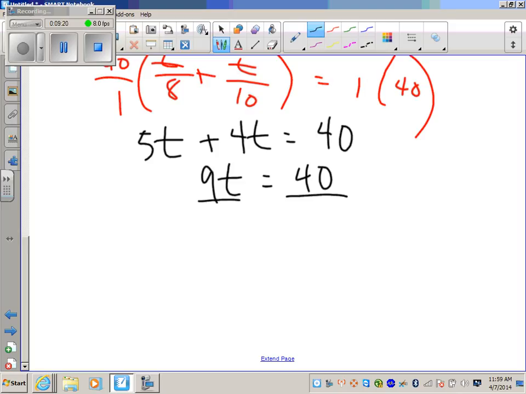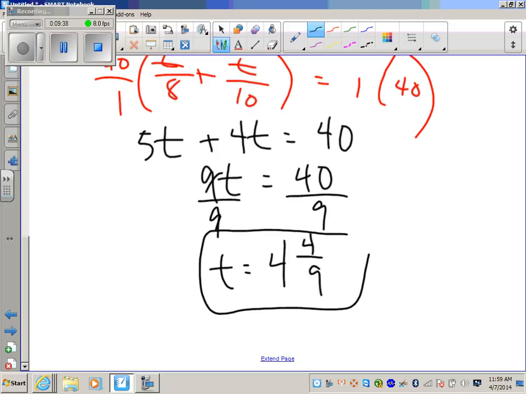Divide both sides by 9, and T equals 40 over 9, and what was the label? Days? Simplify? For this, it might put things into perspective a little bit more.